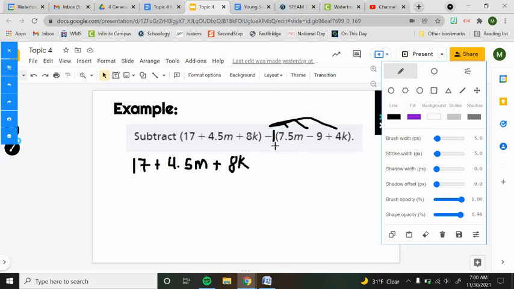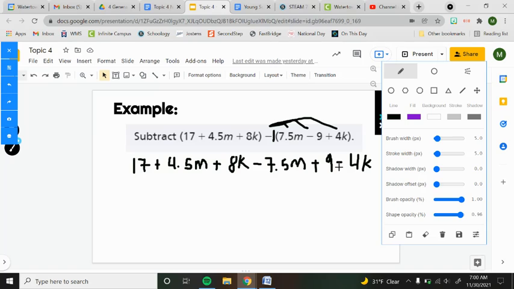And then I'm going to distribute. Negative 1 times 7.5m is just going to become negative 7.5m. Negative 1 times negative 9 becomes positive 9. And negative 1 times positive 4k would just be negative 4k.